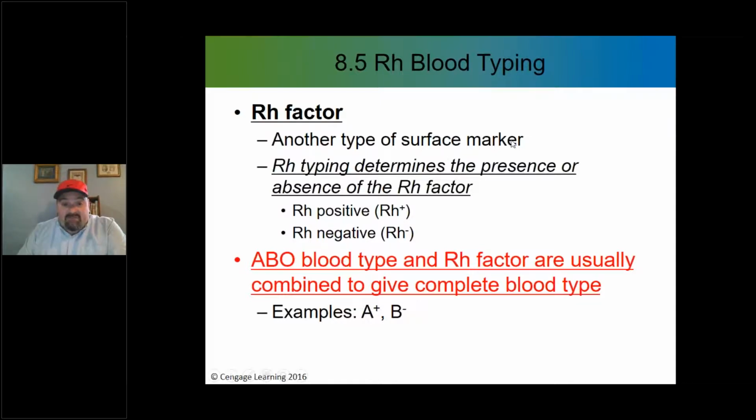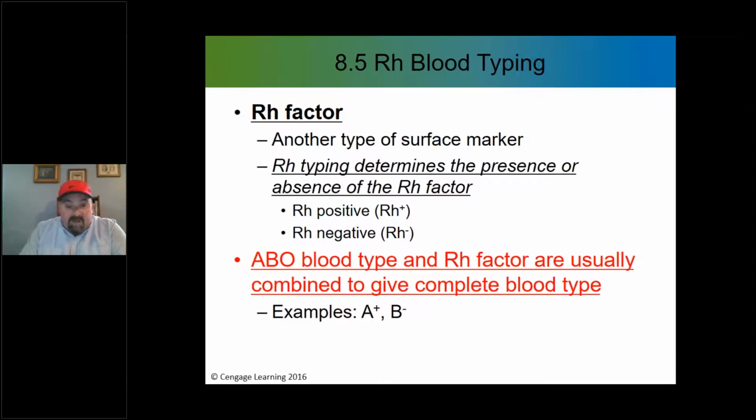If you have it, you're considered Rh positive. I'm A positive, so I have that. If you are O negative, you would not have the Rh factor, or if you were A negative or AB negative or B negative, you wouldn't have that Rh factor. Well, what's the big deal? The big deal is that if a woman gets pregnant and she's negative and her baby is positive, that can be a problem.